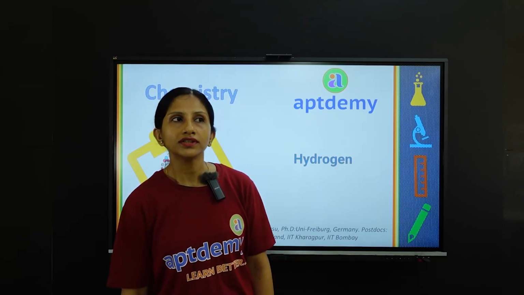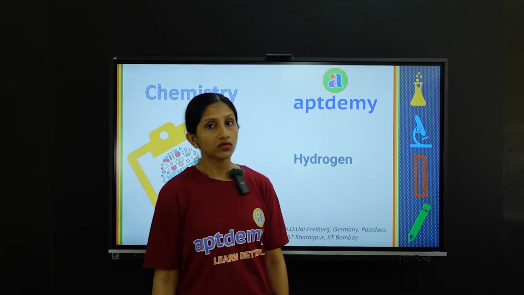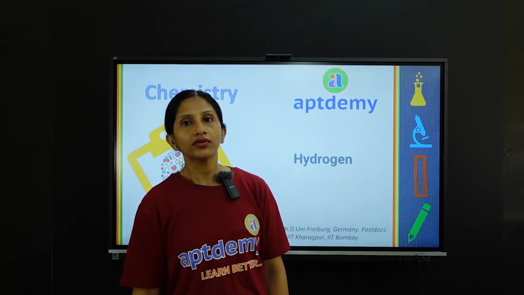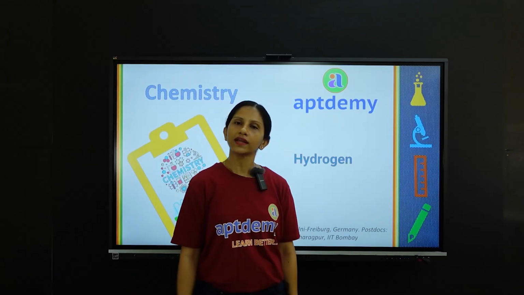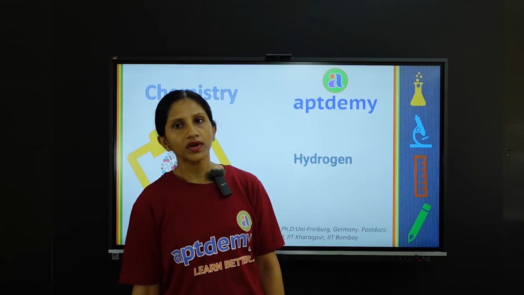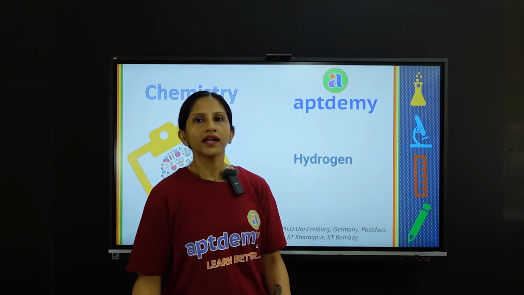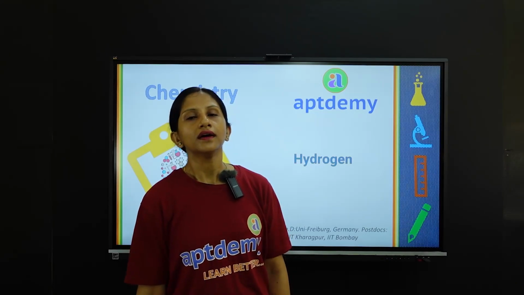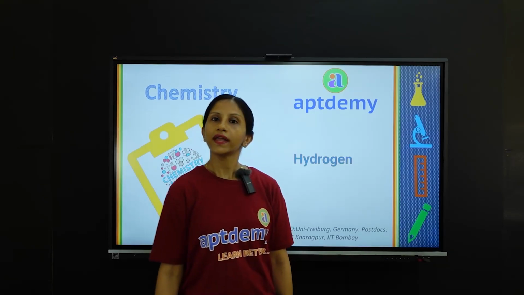Why? Because halogens have the outer electronic configuration ns2np5 and are one electron short of the noble gas configuration ns2np6. Hydrogen is also one electron short of the noble gas configuration of helium.